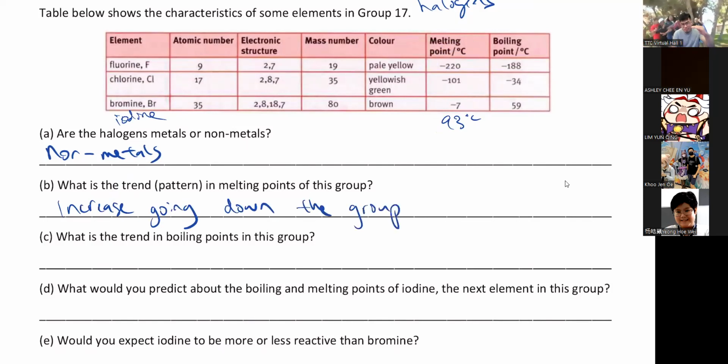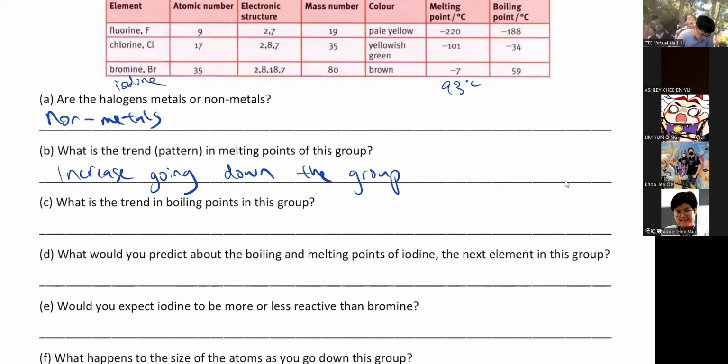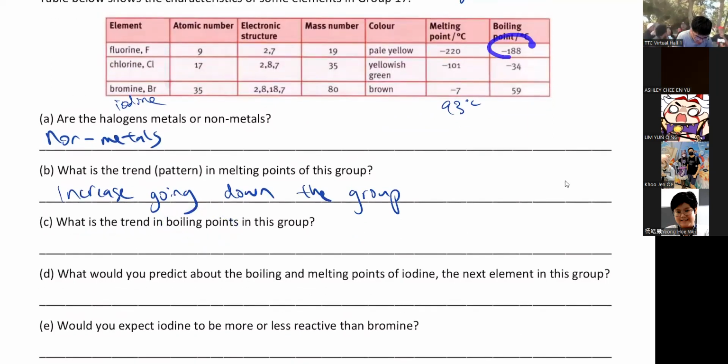As you go down, they become more. So C, what is the trend in boiling point? Boiling point is the same thing, from negative 188 to negative 34 to 59. See, positive number. So it just increases and increases. Same thing lah. Increase going down the group.